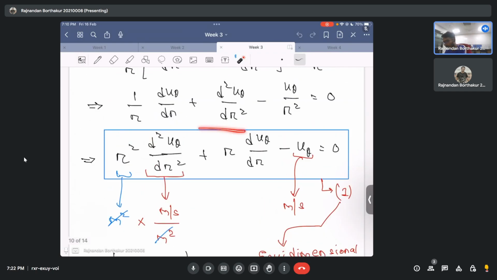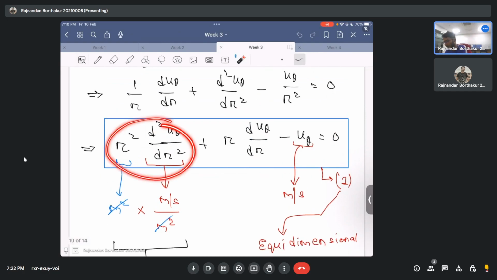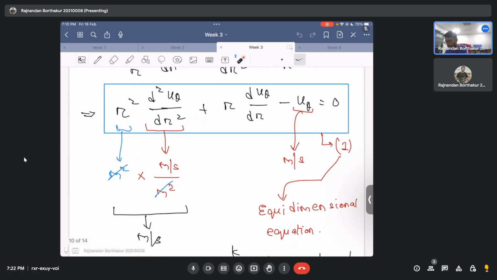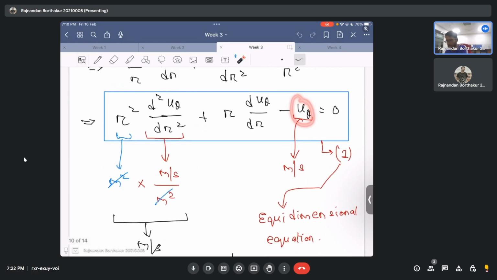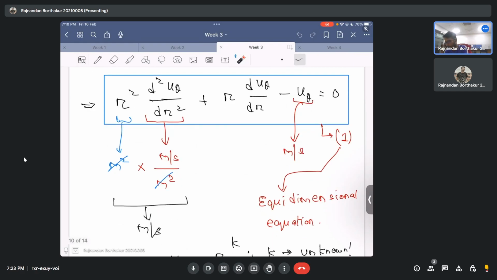The reason why this is known as an equidimensional equation is that the dimension of all these terms, r square d2u theta by dr square, and r du theta by dr, and so on, is the same as the dimension of u theta.